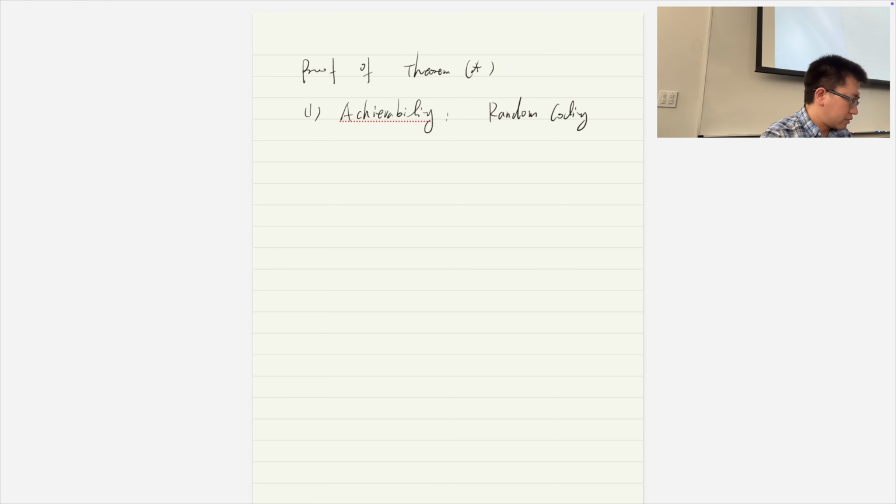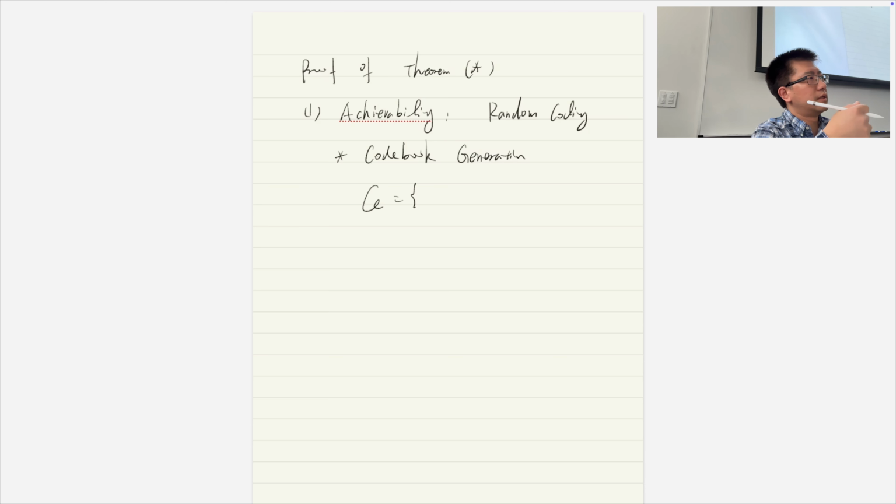Okay, so basically the idea is random coding. In order to use random coding, we're going to design a codebook. Codebook generation: before, how did we generate the codebook? Before we used the PMF. The key is that all the elements in the code are generated IID.